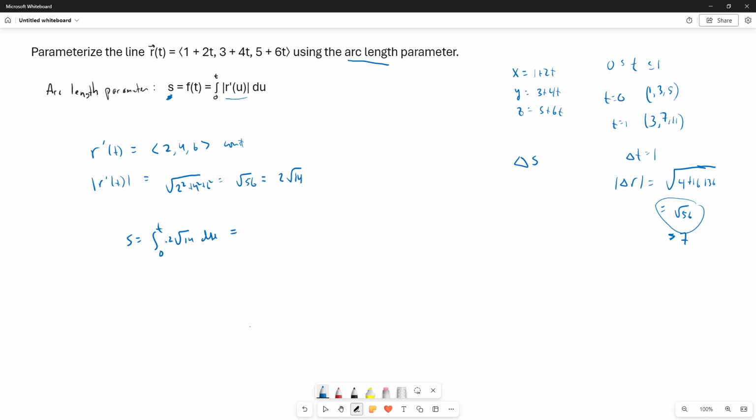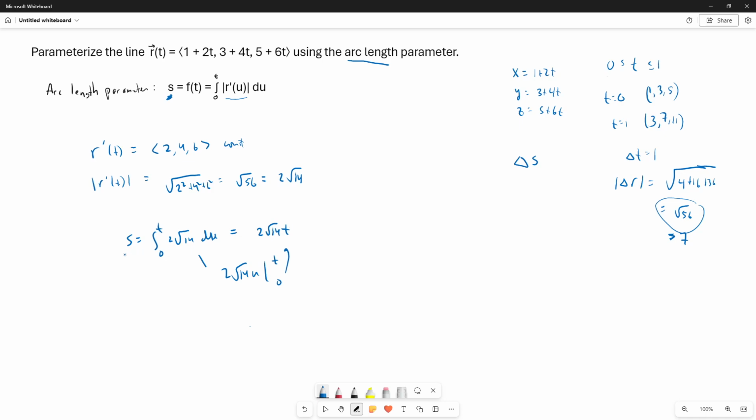This is just 2 square root of 14 times t. Skipping the step where you integrate to get 2 square root of 14 u and plug in 0 and t: plugging in t gives this, and plugging in 0 gives 0. So s is just 2 root 14 t.